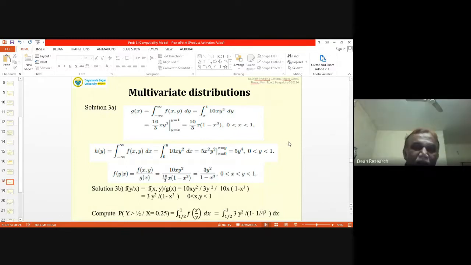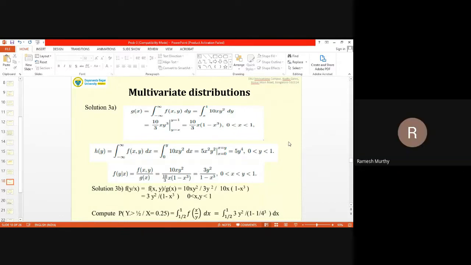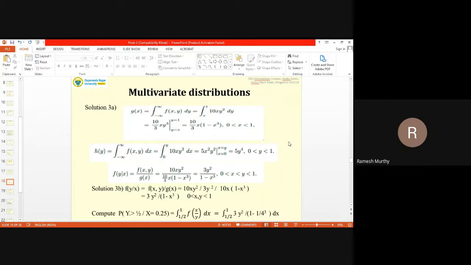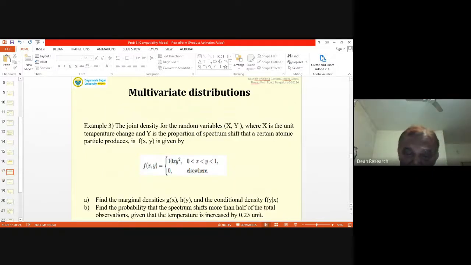Sir, just one question. G of x, shouldn't g of x be an integral with respect to x? Why is the integral with respect to y when the function is g of x? Professor Ramesh Murthy, right? It is this way. If you want to compute the marginal distribution of x, you'll have to throw out y.